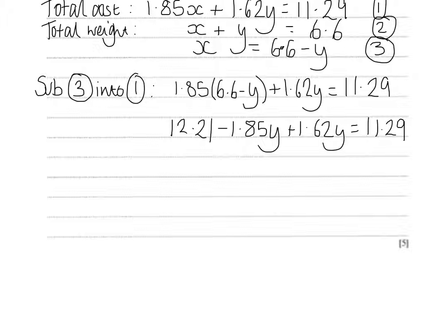So I can collect these two things together because I've got minus 1.85y plus 1.62y. So if I do that on my calculator, 12.21, that's going to be minus 0.23y.